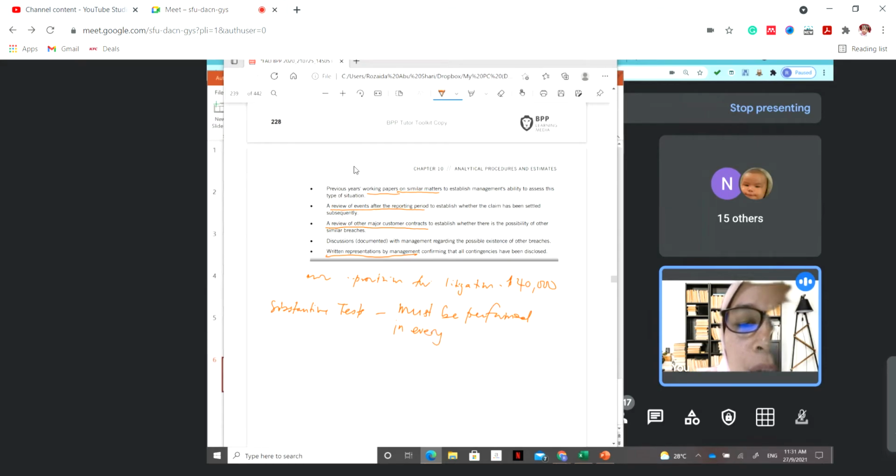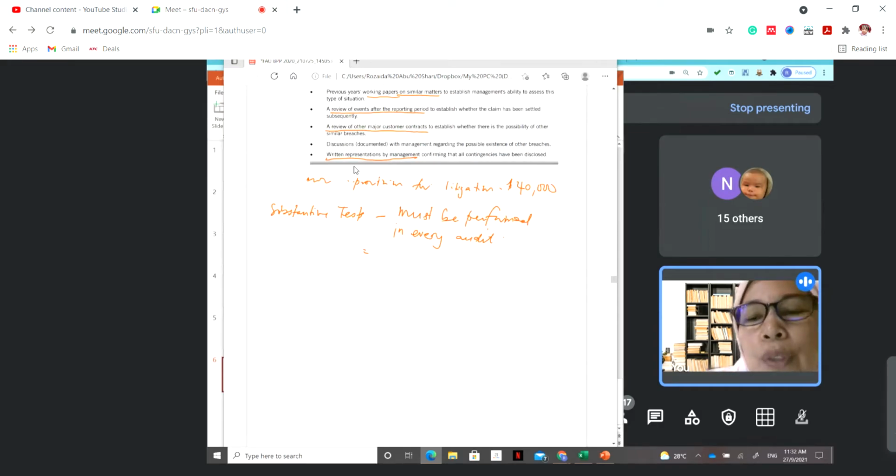Okay, because you are going to perform what actually you should do in audit. Okay, when you at the planning stage, you dah assess the audit risk level. So inherent risk, control risk, detection risk.